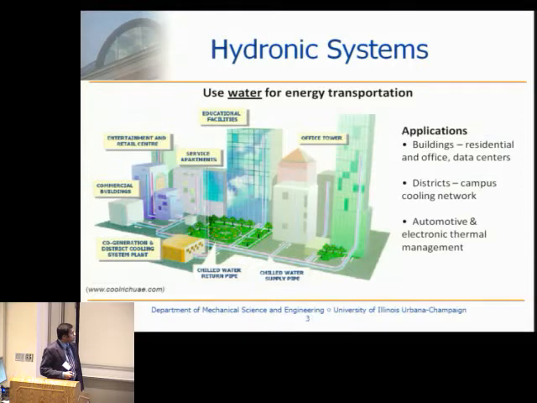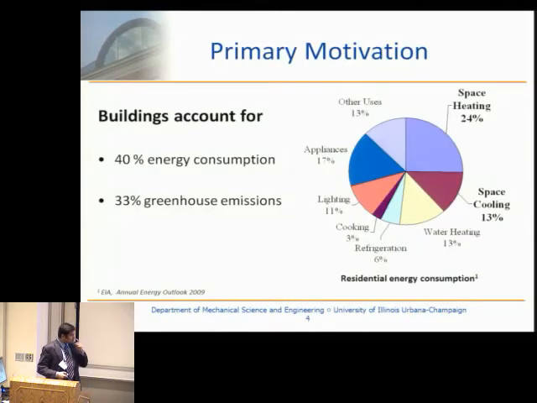And in this work, our focus is on hydronic systems that are used for building heating and cooling. Now, talking about buildings, there are certain statistics which motivate this work. In the US, buildings account for around 40% of total energy consumption. And furthermore, they are responsible for around 1/3 of total greenhouse gas emissions.